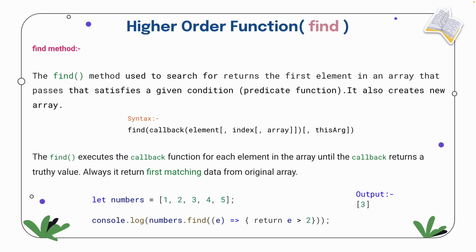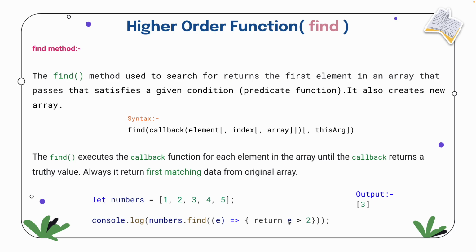So the find method returns the first matching element which satisfies the condition. Here we have a list of numbers, 1, 2, 3, 4, and 5, and we are writing a find operation on the numbers. This is the arrow function, or callback function, and it works on each element to match the condition. E is each element of the array.